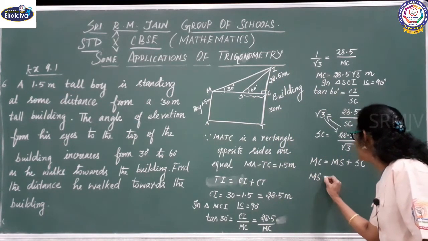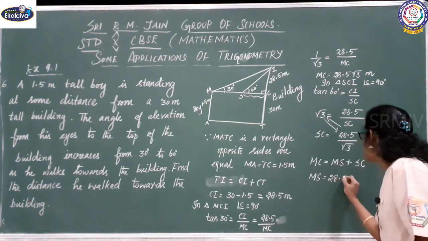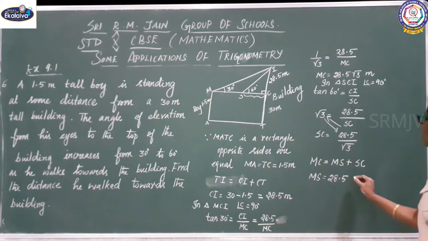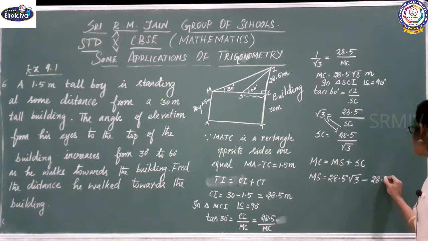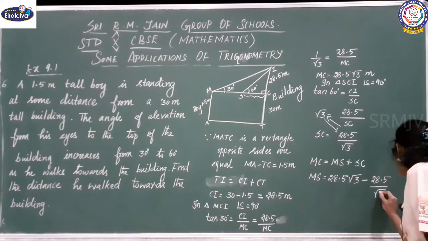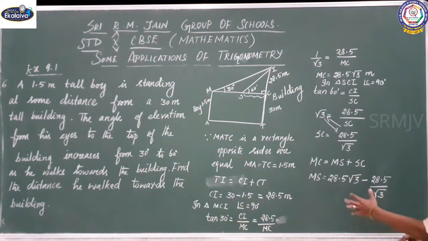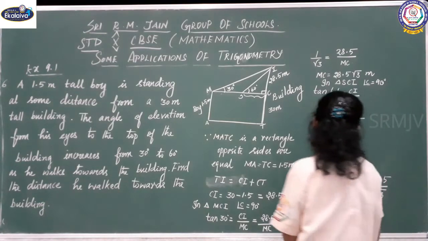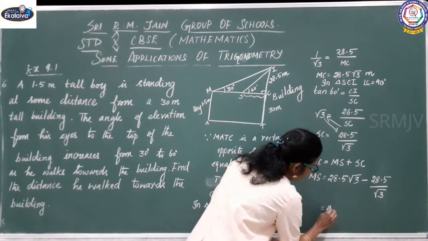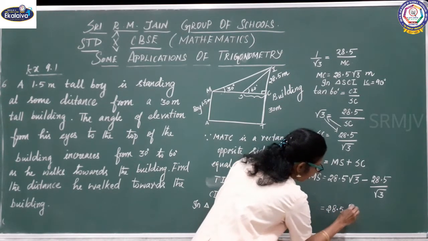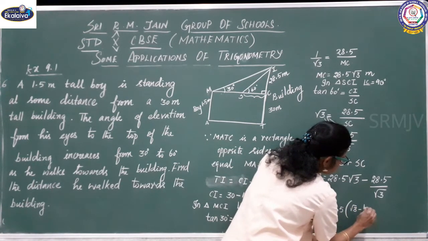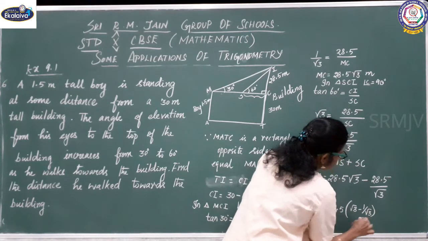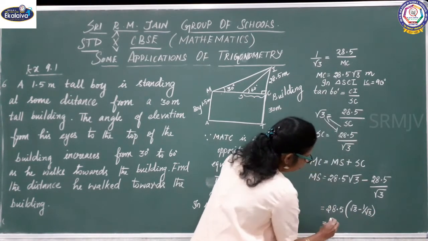MS equal to 28.5 root 3 minus 28.5 by root 3. Now in both the terms 28.5 is common, so you take it outside. Then what can you get? 28.5 bracket root 3 minus 1 by root 3.